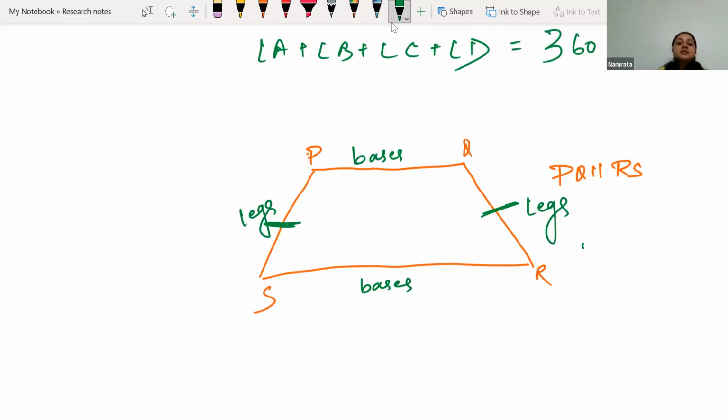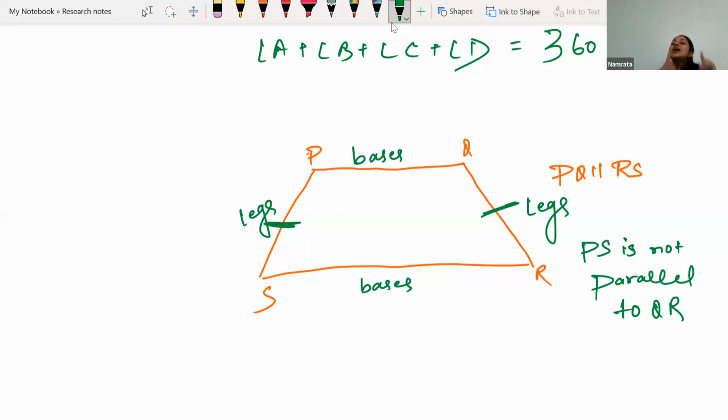So PS is not parallel to QR, and there is one pair of parallel sides. That pair of parallel sides has a specific name, the bases of the trapezium. Whenever it's written in a question or theorem about the bases of the trapezium, you must understand it's talking about the parallel sides.